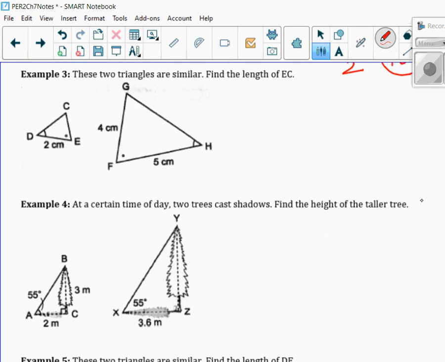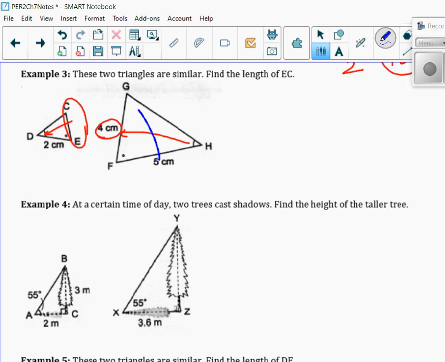Okay, these two are similar. Find EC. So again, we got to figure out, so EC is opposite that one, the curve, so that means EC corresponds with 4. I'll use a different color pen.